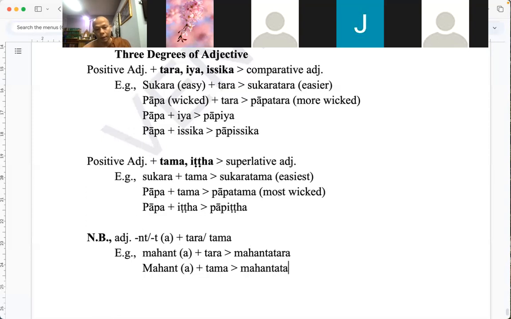So mahantatama. The same way, dhanavant means rich. Dhanavantatara means richer. But dhanavantatama means richest in this way. All of the adjectives ending in the ant, so after that a is added. So after that, tara and tama suffixes are added.